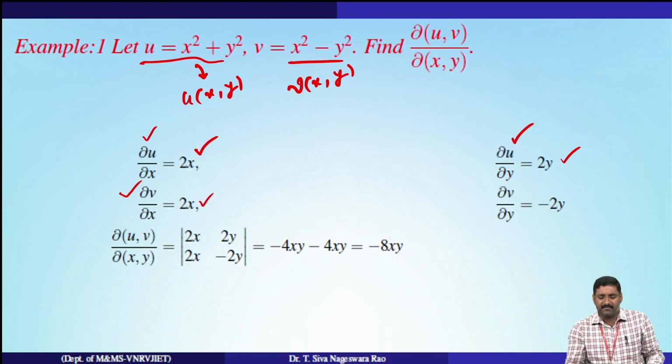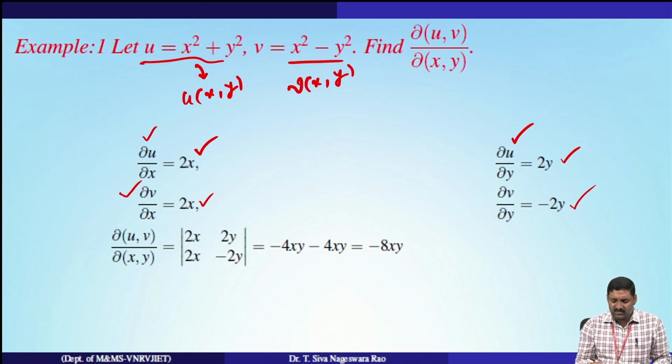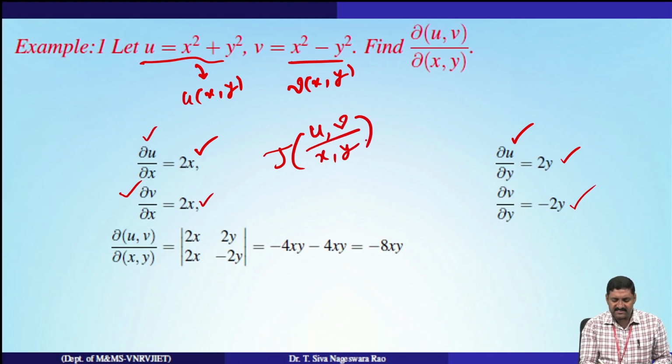It is multiplied by minus. Hence, we will get minus 2y. We will substitute these respective values into the Jacobian, that is J of u comma v by x comma y is equal to the determinant ux, uy, vx, vy.